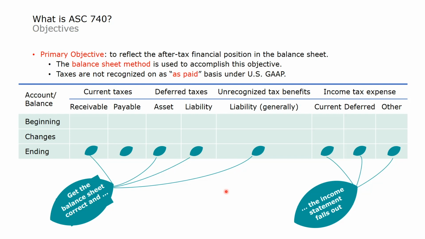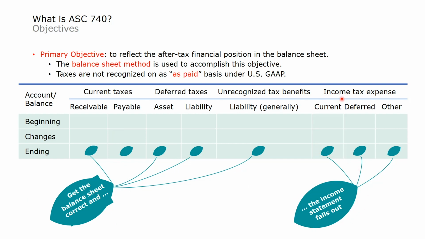We will be doing a lot of these in class where it kind of lays out all of the different tax accounts. The idea here is that your current tax payable or receivable, your deferred tax asset or liability, then your unrecognized tax benefits. These are all balance sheet accounts. And then as it says down here, if you get the balance sheet correct, then the income statement falls out.